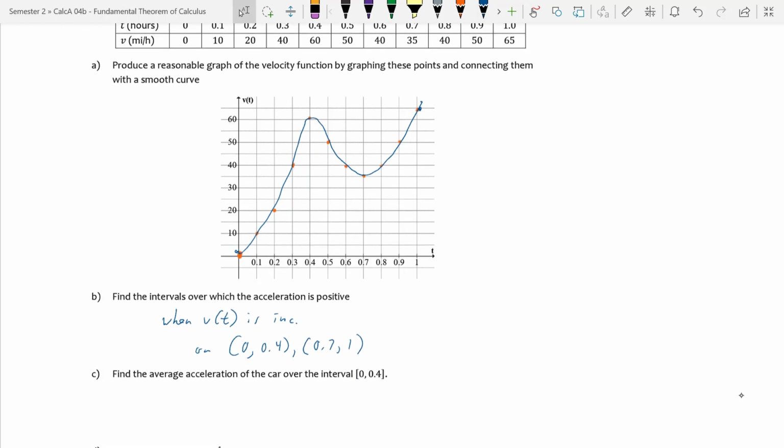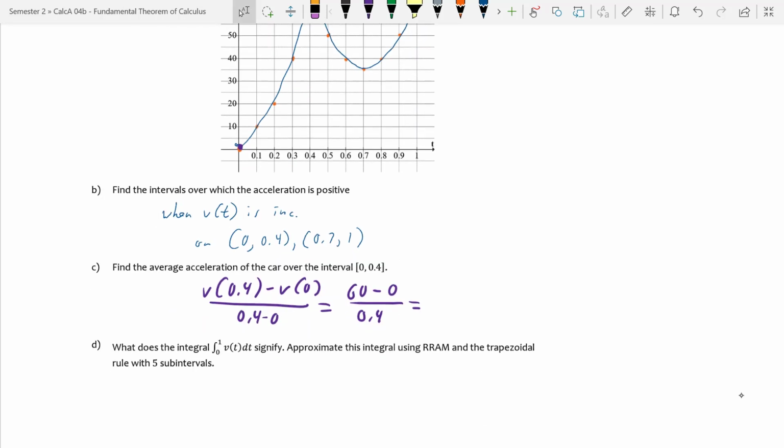Average acceleration of the car over the interval 0 to 0.4. So I can go from 0 to 0.4, and we're just going to do velocity at 0.4 minus velocity at 0 over 0.4 minus 0. So 60 minus 0 over 0.4, which is the same as 600 over 4, or 150.